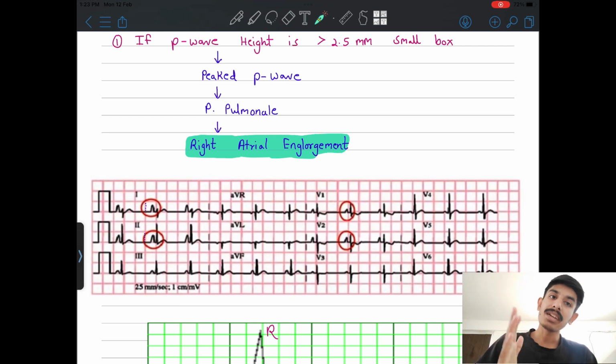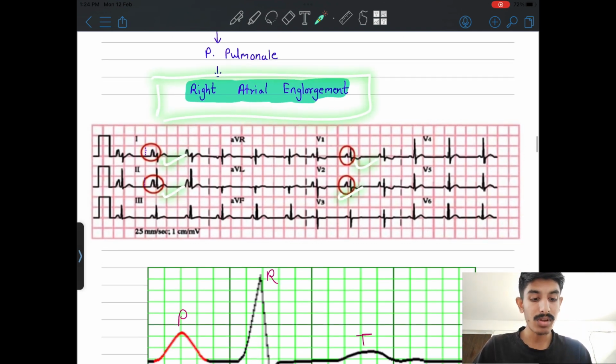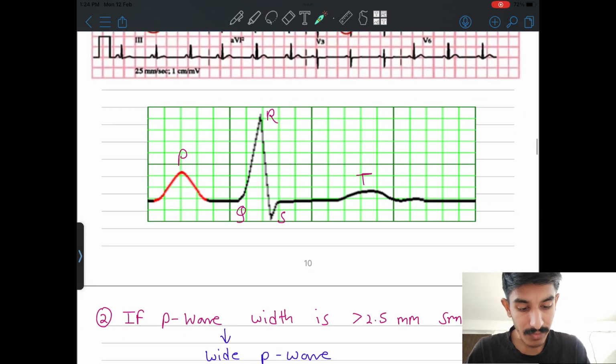More than that, it is abnormal, and if the width is more, it is still abnormal, because the normal readings are 2.5 mm height and 2.5 mm width. More than that, it is always problematic. As you can see in the graph, it is more, so it is known as right atrial enlargement. You can see here also in leads 1, 2 and 3, the P wave is more, that's why it is right atrial enlargement.